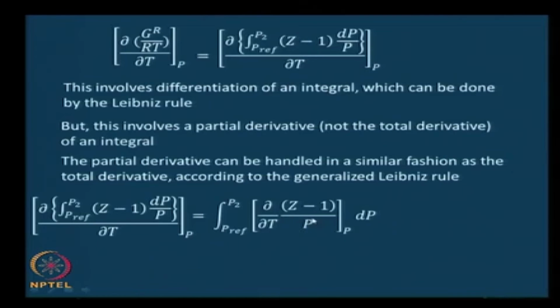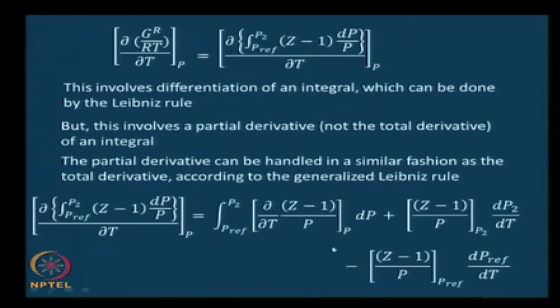You take the derivative inside the integral, ∂/∂T of (Z minus 1)/P at constant P dP, this is the first term, plus the function evaluated at the upper limit times the derivative of the upper limit with respect to T, therefore dP2/dT, minus the value of the function evaluated at the lower limit times the derivative with respect to T of the lower limit, which is P reference.